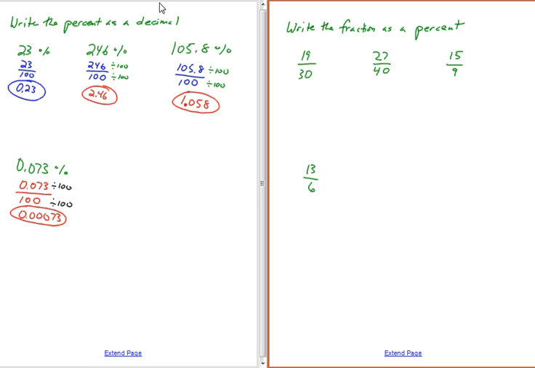Love me ramen. Okay, so write the fraction as a percent. Now this one, I'm thinking you could do this without a calculator, but it's tough. What do you think? I have a question.